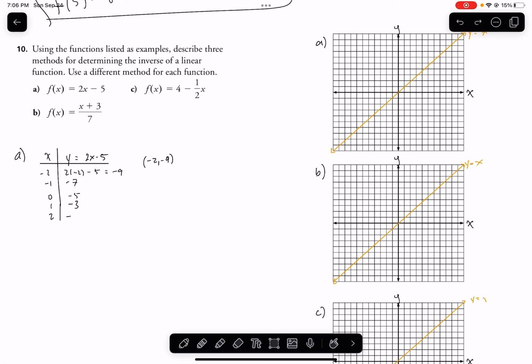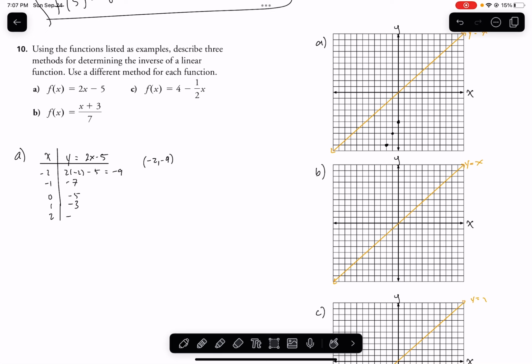-2, -9 is going to be down here. Okay, and then -1, -7 is going to be here. And then 0, -5. Okay. And then we can see the slope there, right?